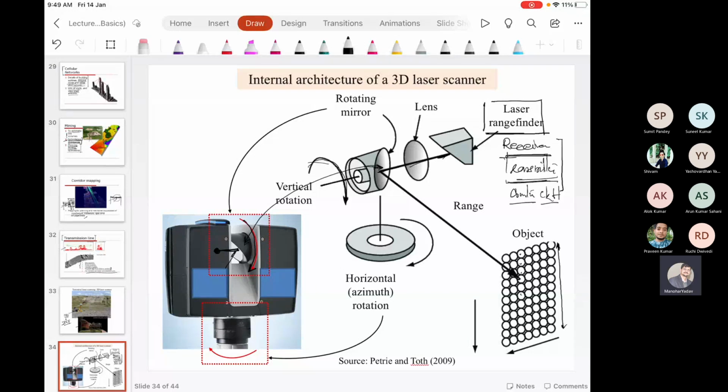Let's say if this rotating mirror is at this location, the laser beam hits this particular point. Now let's say it further rotates and there is a change.